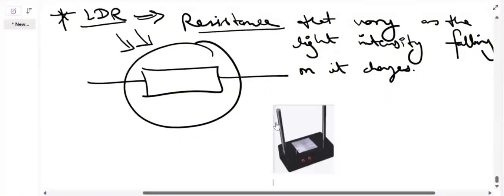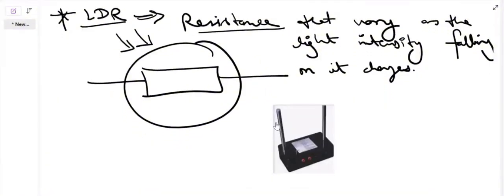Check. This is how it looks like. Ma'am? I'm showing you the pictures. Don't worry. I'm here. Okay, ma'am.